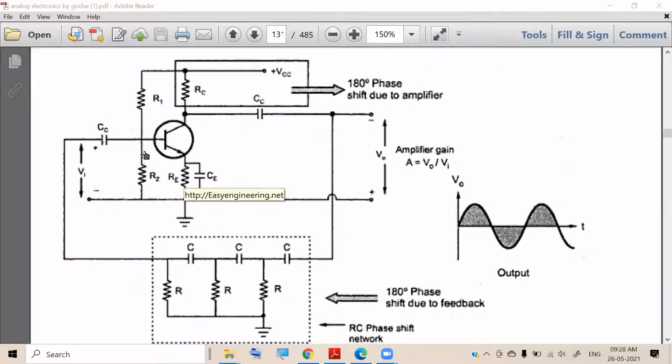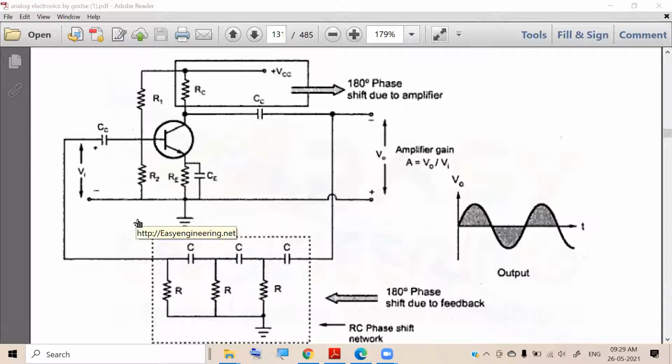Neglecting bias resistors means the AC equivalent only consists of the transistor. When we consider the biasing resistors for the AC equivalent, R2 is connected from this point to this point, and R1 is from this point to VCC, which is replaced by ground. So R1 also comes in parallel. This we saw so many times in the first unit.